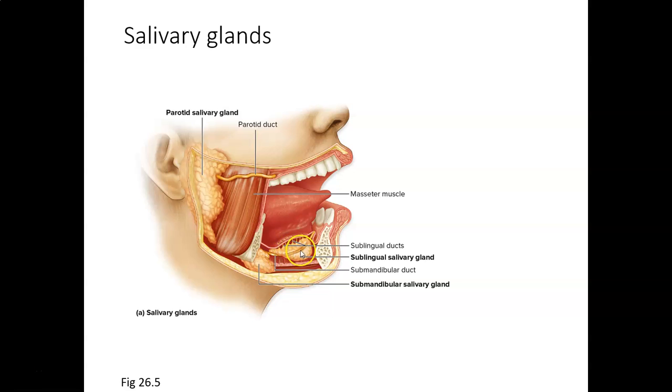One is the sublingual salivary gland, with a bunch of ducts draining saliva into the oral cavity. The other is the submandibular salivary gland, under the mandibular bone, which has a longer, single duct that drains the saliva into the oral cavity.